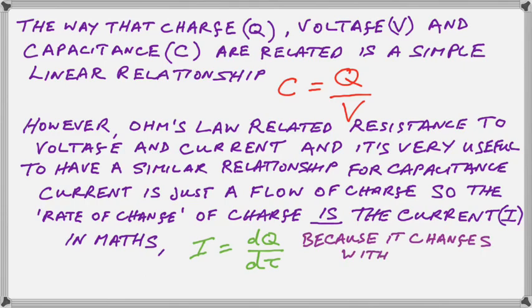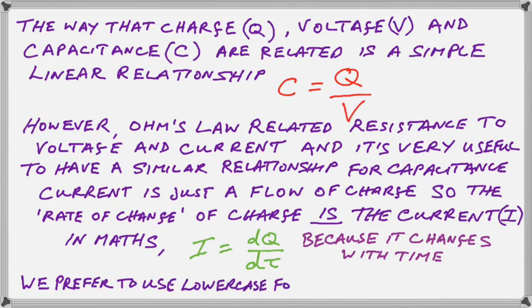Because it changes with time, we prefer to use lowercase letters for these instantaneous values at any point in time, and capital letters for, say, the total charge or the total current or the total voltage. So just bear that in mind.